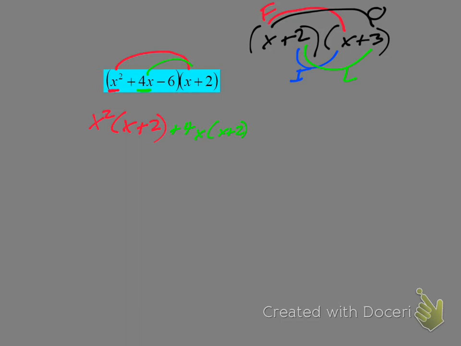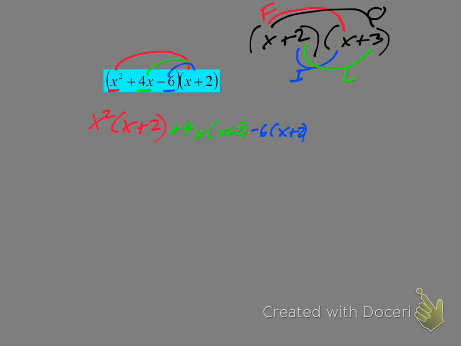Okay, then take the negative 6 and put it to the x plus 2 like that. Now, see what you just did. You just turned your big, ugly problem into 3 smaller distribute problems. Okay, everybody see that now you have 3 distributes to do? Okay, so that'd be your next step.